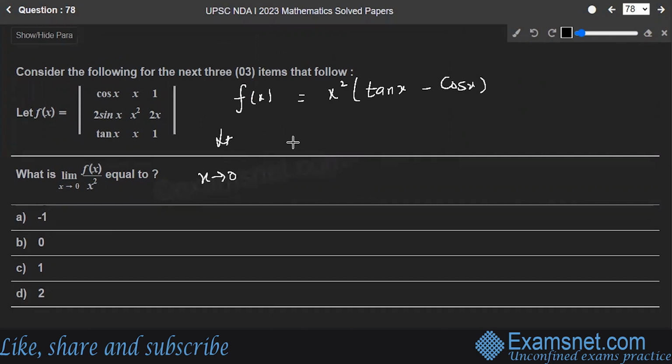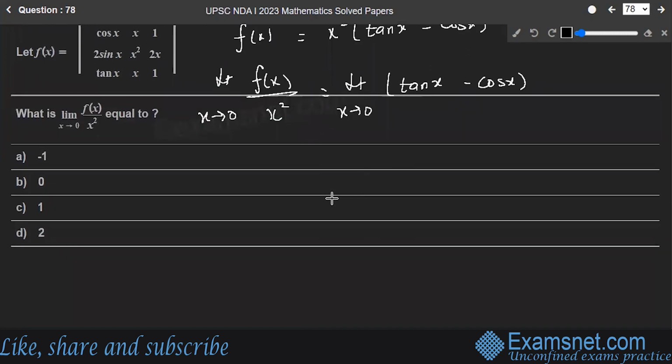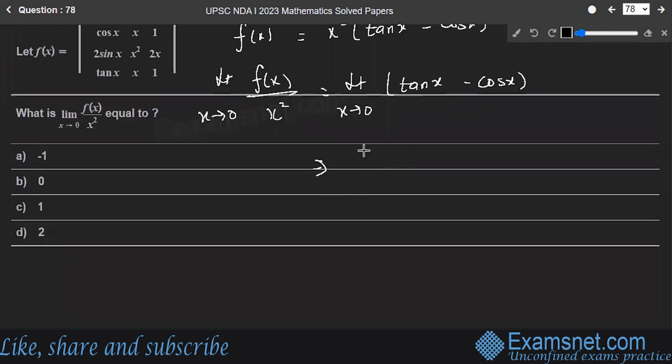So x square will cancel, and the limit x approaching 0 of tangent of x minus cos of x is 0 minus 1, that is equal to minus 1. Hence, we have option A as the answer. Hope you got that. Let's move to the next question.